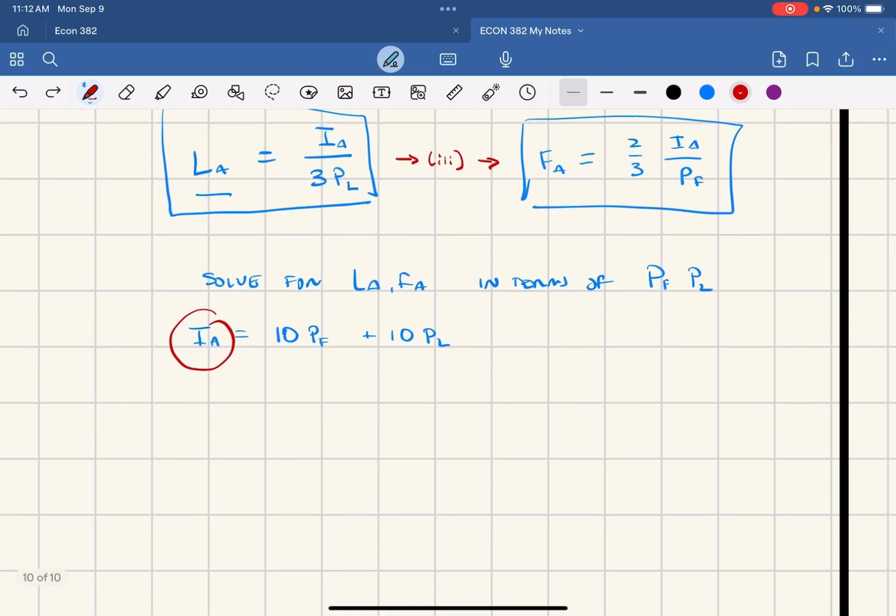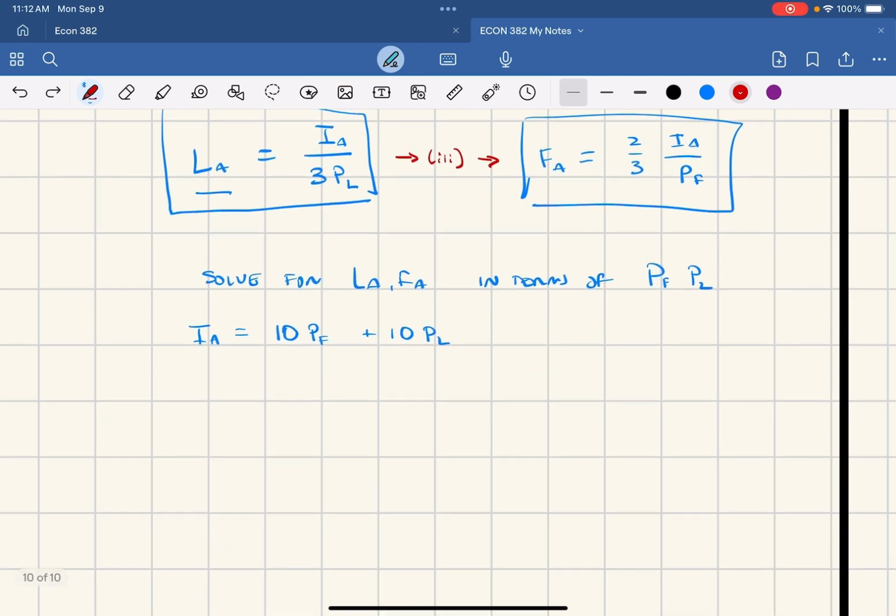And so from that we can get that the optimal amount of figs for Adam as a function of only prices is equal to 2/3 of the income, so that's 10 PF plus 10 PL divided by PF, and that's the optimal demand for Adam.